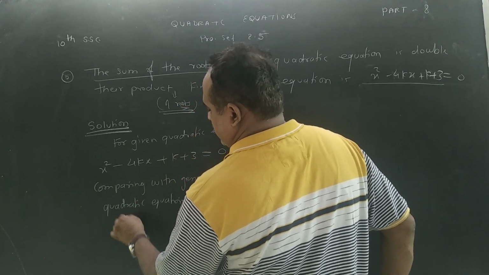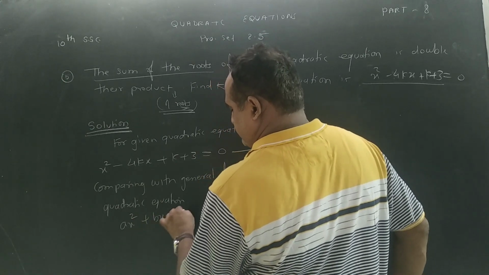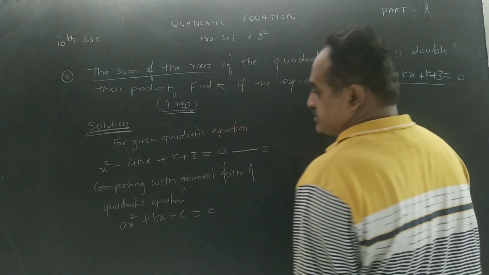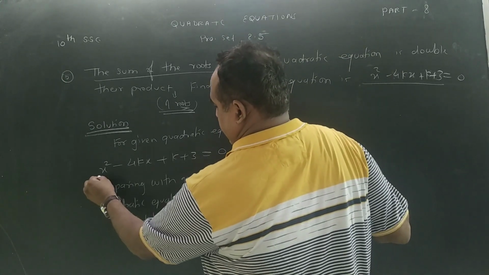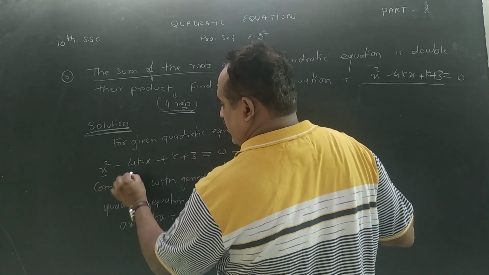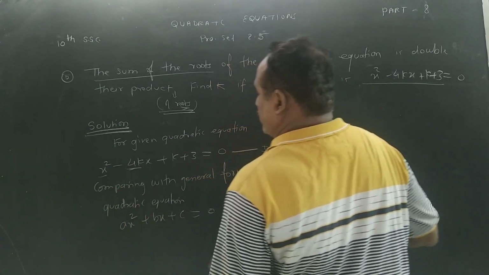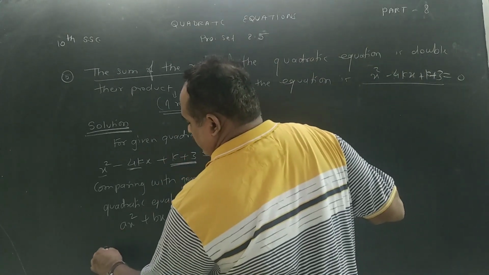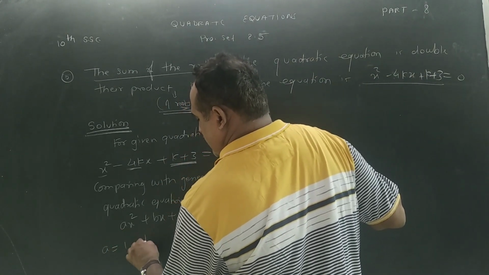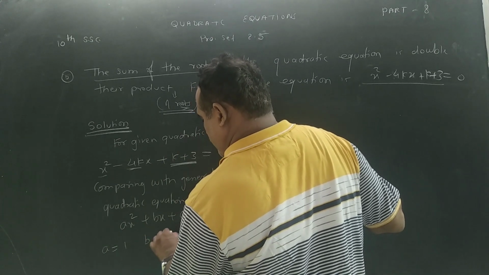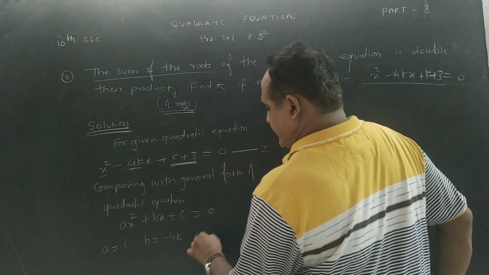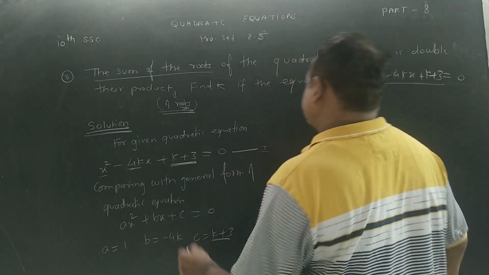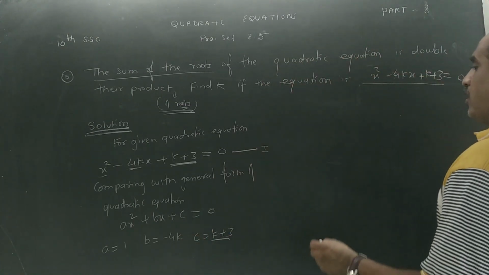General form is nothing but ax square plus bx plus c is equal to 0. Now see, with x square there is nothing, meaning 1, with x there is 4kx, and this will become c part. So value of a is equal to 1, value of b is equal to minus 4k, and c is equal to k plus 3. Okay, got it now?